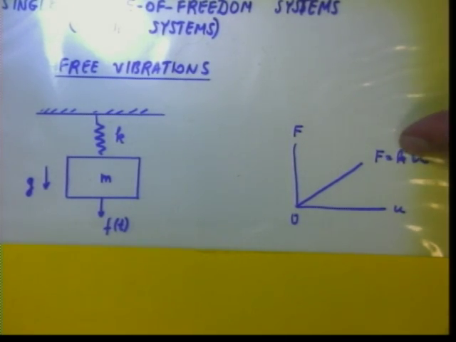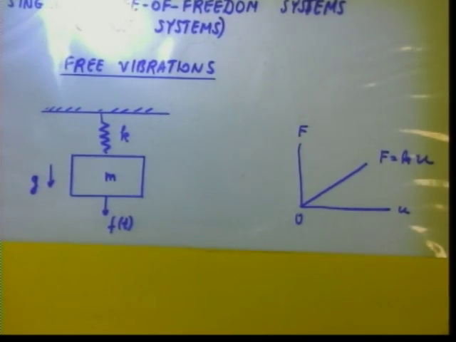But if K is very soft, then naturally there will be a big displacement for the same load. So K shows how stiff the spring is. Bigger K means stiffer. The bigger K, the stiffer the spring.